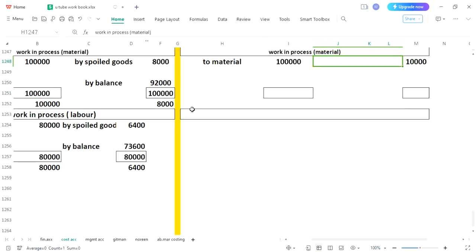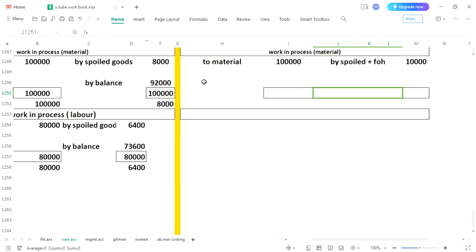So you will write spoiled and FOH. Although this is not the best way to write, since our focus is to calculate the amounts, actually you were needed to divide it into two parts, but for the time being we are just focusing upon calculation of amount. I'm telling you this is not the standardized way to calculate.